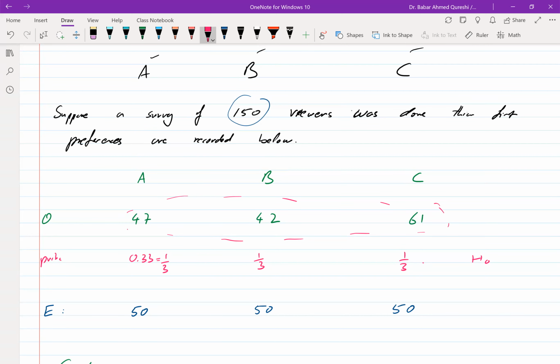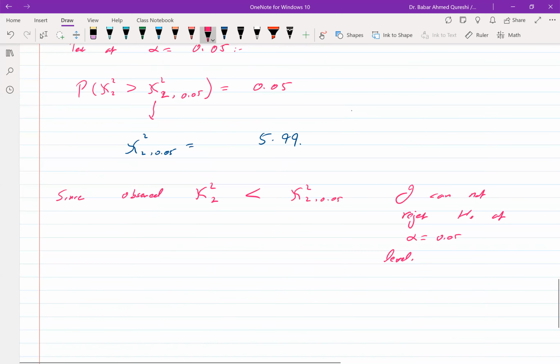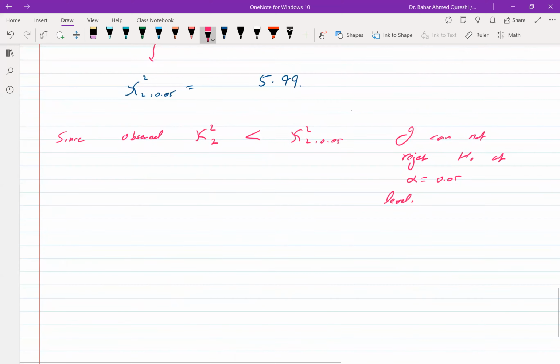Actually, I can try to compute the p-value of this test with this sample.